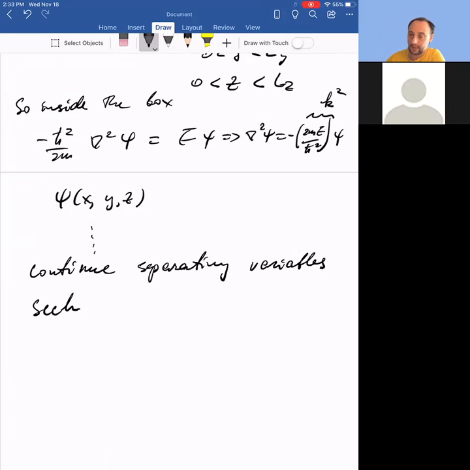So I'm going to seek even more special solutions. I'm going to seek modes of this equation. I'm going to seek modal solutions. In other words, I'm going to seek variable separable solutions. I'm going to call it like this.